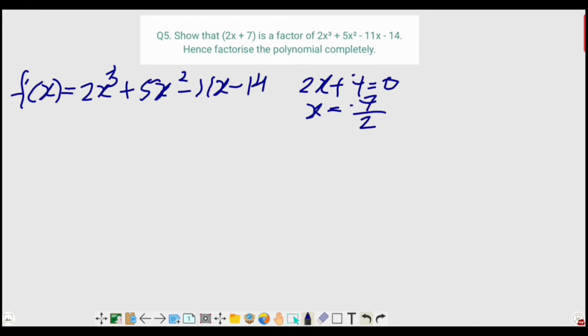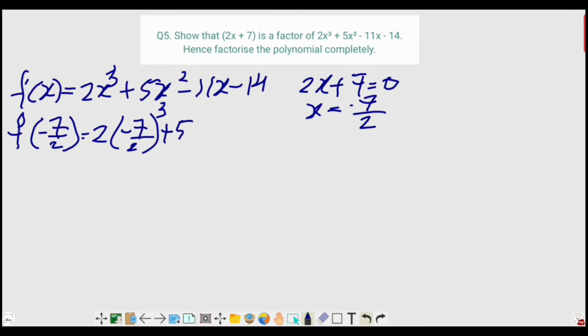Okay. Now, using the remainder theorem, you can easily calculate your remainder. You only have to substitute the values. So wherever x is there, I am substituting the value. Same way you have to substitute.